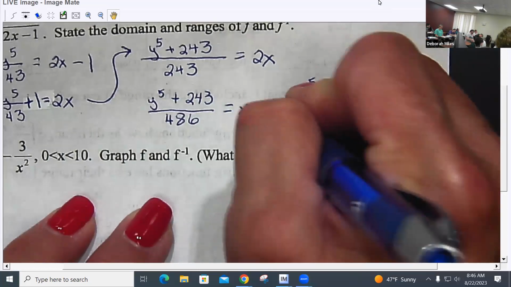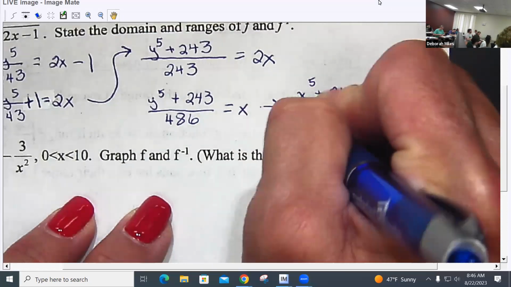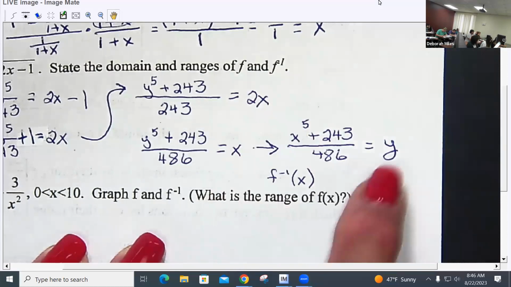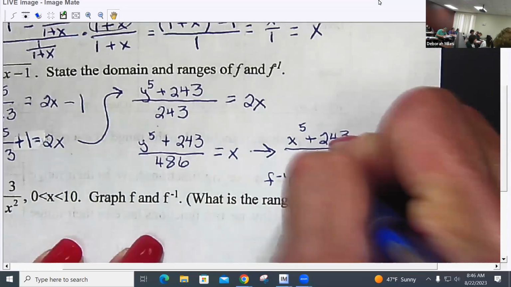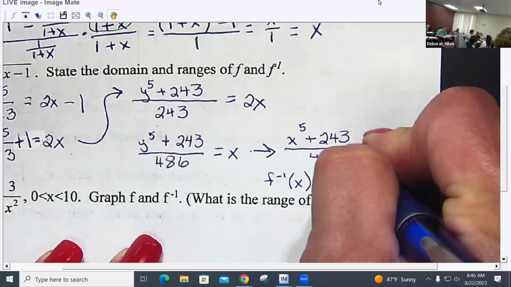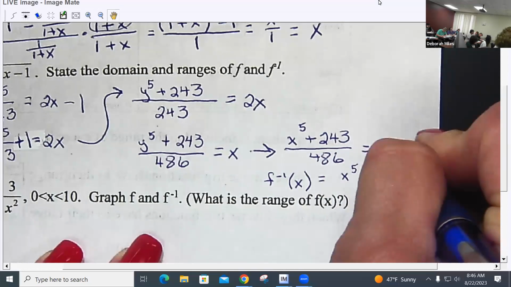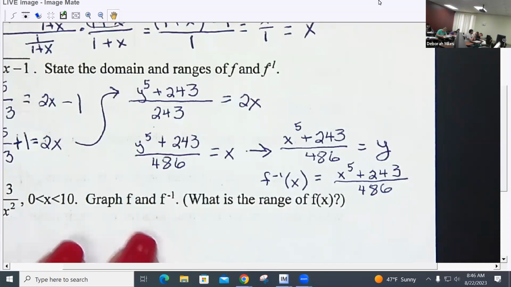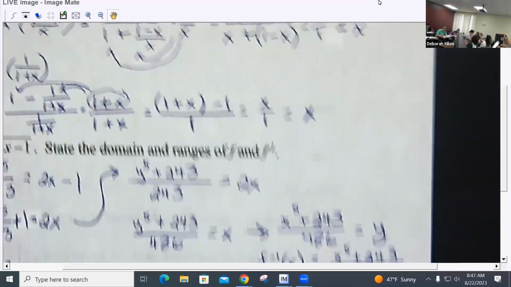Or I could use the inverse function notation. Since it said find f inverse, I'm going to use that notation and write it either as I'm showing, or as Rachel said, and either one's perfectly fine.